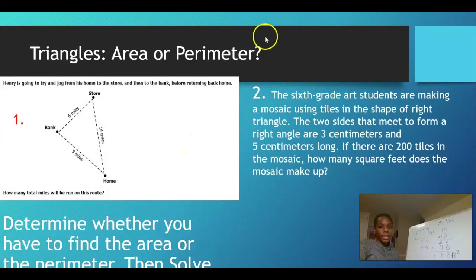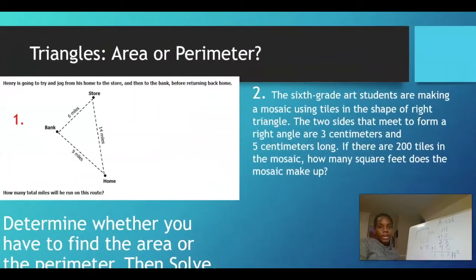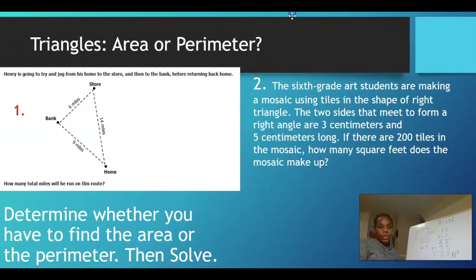For your independent practice questions, we want you to do the same exact thing that we were doing previously. We want you to determine whether you have to find the area or the perimeter in the two questions that are given to you, and then solve it utilizing the formulas that are given.